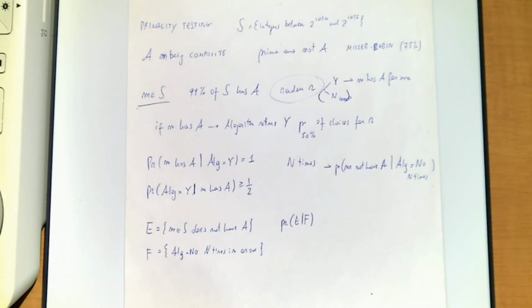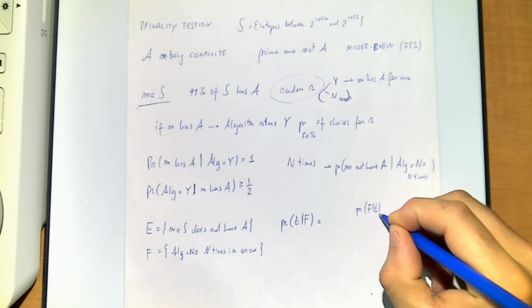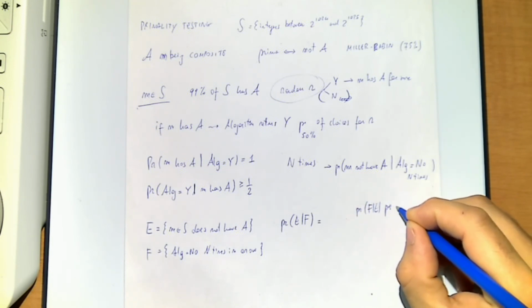This is exactly what we're doing with the Miller-Rabin test when we described it. We described it on a very intuitive level, but now we're just trying to formalize it as a Monte Carlo algorithm. And so by Bayes' formula, this is the probability of F given E times the probability of E.